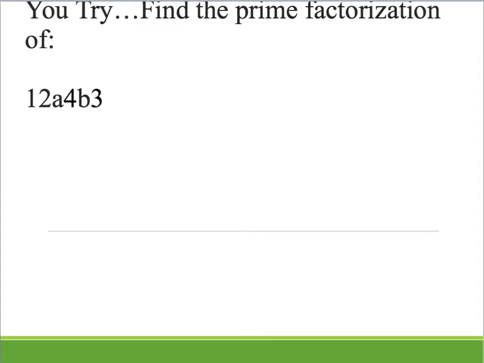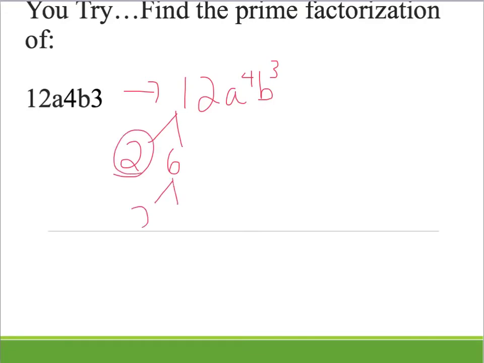Pause the video for a moment and try this one on your own. To rewrite this in your notes, it looks like this. Prime factorization of 12: 2 times 6 and 2 times 3. Factoring here I have 2 times 2 times 3.